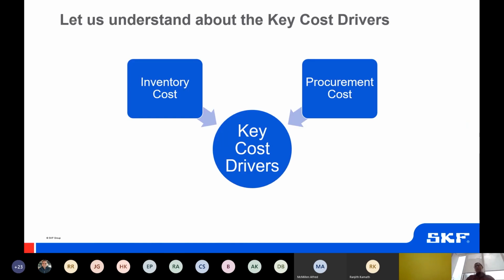So that was understanding the insight, a refreshment about the typical situation around inventory management. We at SKF, in this area, sum up what would be the key cost drivers, and we came up with two ideas: one is from the inventory cost, the other one is from the procurement cost.